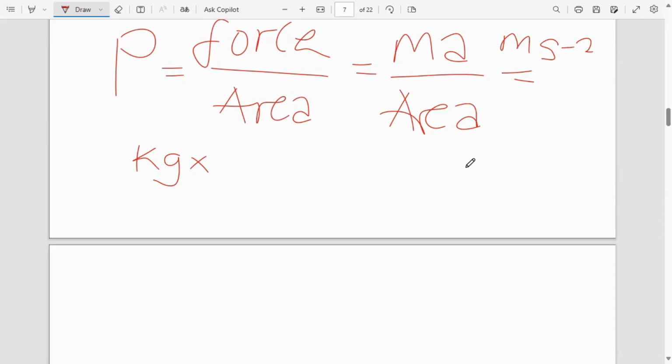So acceleration is meters multiplied by second to the power -2. That is the value of acceleration.